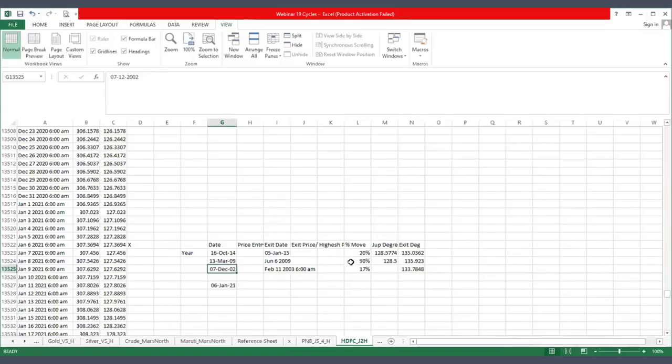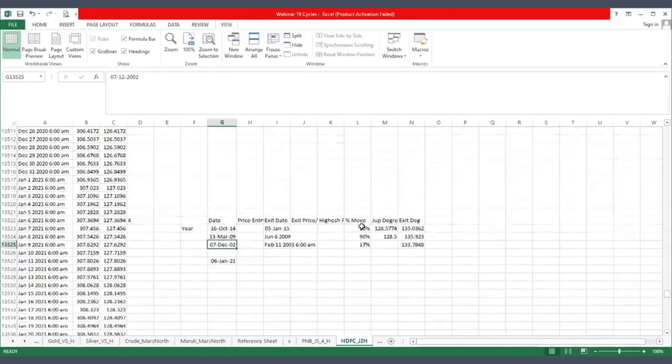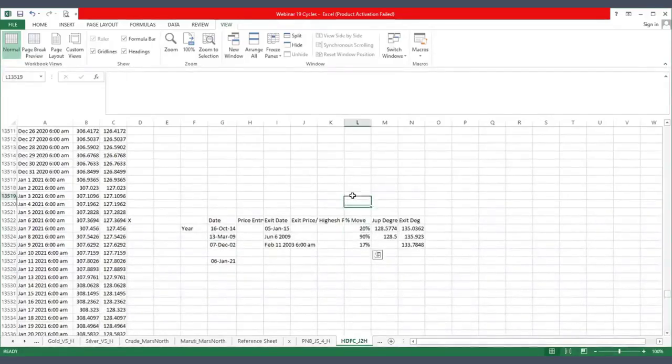Yes, so sometimes it will work very well, sometimes it will not work that well. What we need to look at is what is the minimum percentage we can get from here. Once the table is complete, we will have a better idea.